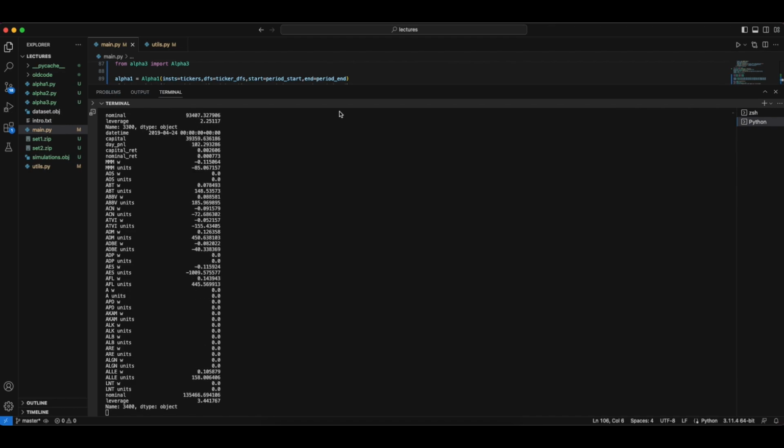So let's just wait for our code to complete. And if this works, we've basically implemented what is known as strategy volatility targeting and instrument volatility targeting.